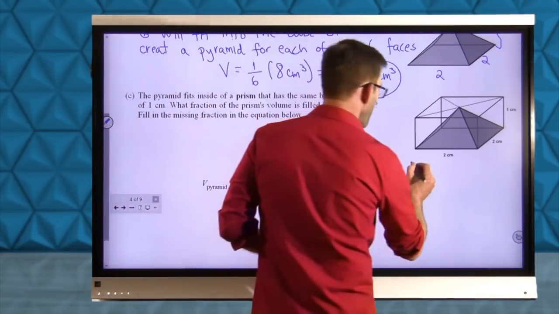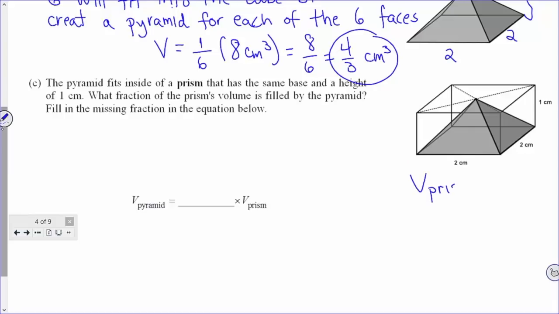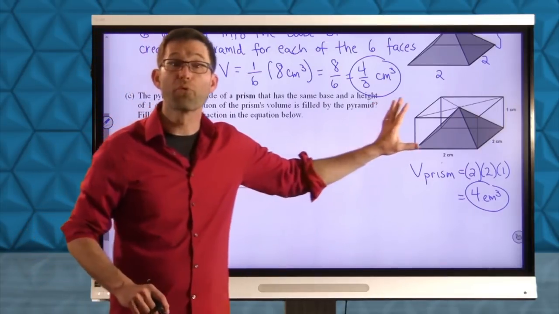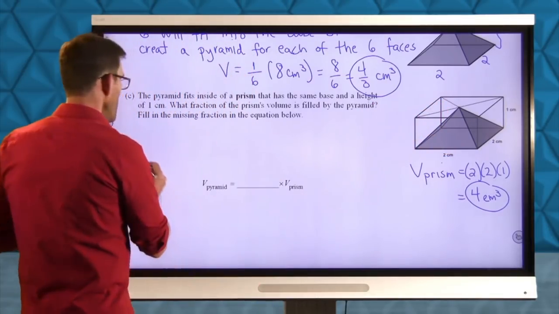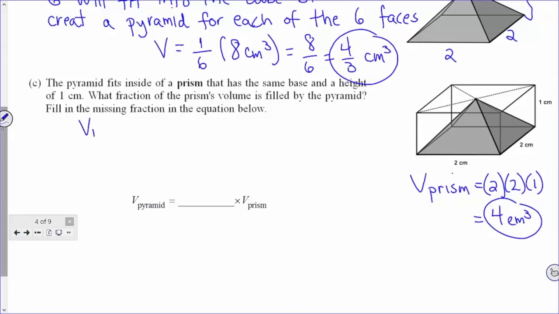The volume of this prism, right, the volume of this prism is 2 times 2 times 1, or 4 cubic centimeters, right? 4 cubic centimeters, that's the volume of the prism.